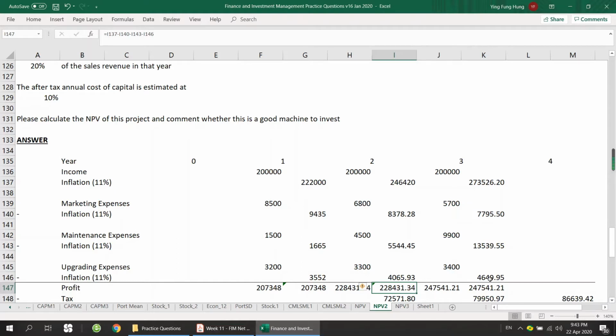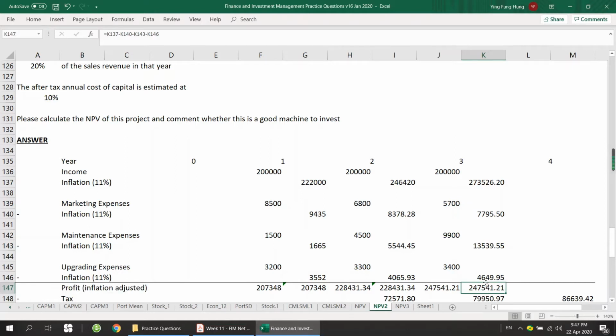And for the third year, it will be the upgrading expenses of 3.4 thousand. Multiply this by 1 plus the 11% inflation rate, and then raise to the third power because it's the third year, and this should give us an answer of 4.64995 thousand.